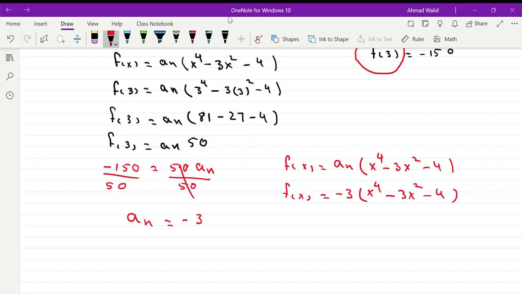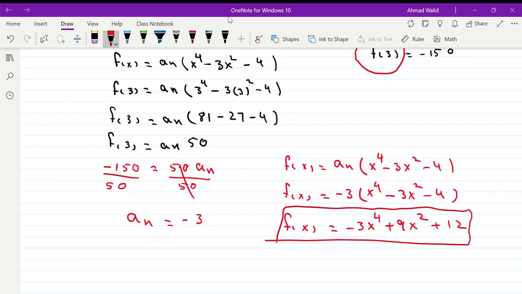Distribute 3. Then f of x equals 3x to the power of 4 minus 9x squared minus 12. That is what they are asking you to find. This polynomial function has four zeros. One of them is negative 2, the other one is 2, the other one is i, and the other one is negative i. Correct? That's the polynomial function they actually ask you to find.